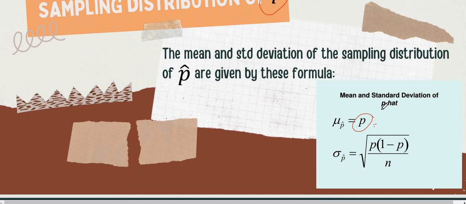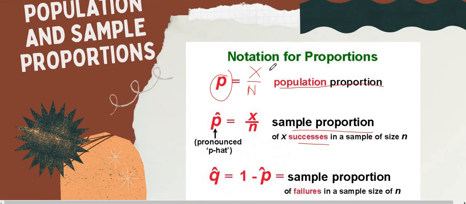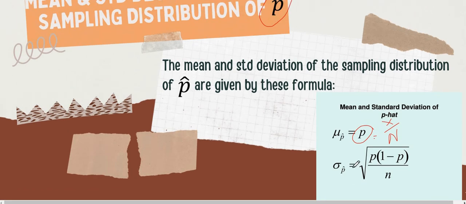P-hat is X over N. I wrote it earlier here, X over N. Then the standard deviation is equal to the square root of P(1 minus P) over N, or you can write it like this: 1 minus P is actually equal to Q. How to find Q? Q is 1 minus P. It is the same thing.